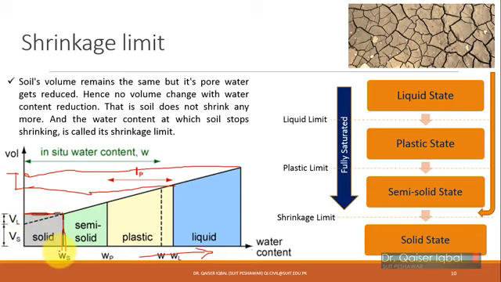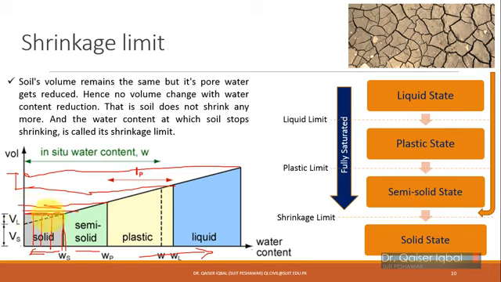So if you further reduce the moisture content, the volume line will be the same. For any amount of moisture, your total volume, which is volume of solids plus volume of voids, remains the same. While over here, while you are reducing the moisture, the volume was also reducing. You can see the volume over here is this much and the volume over here is this much.